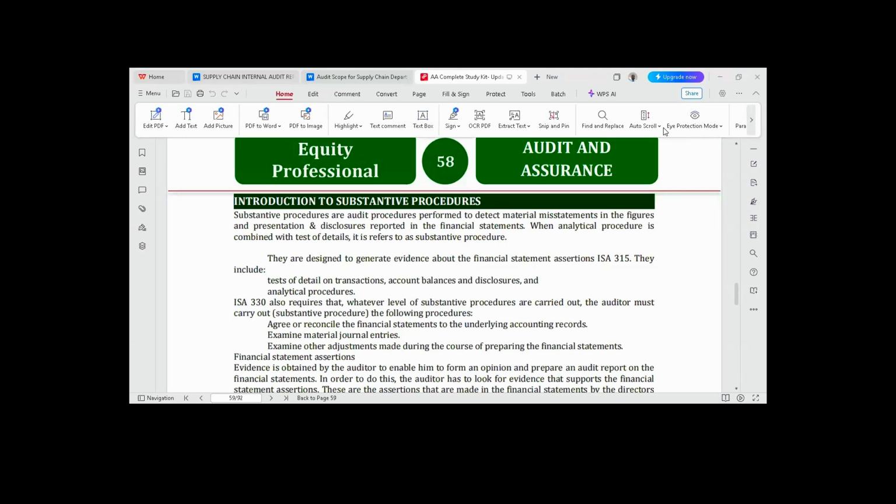In the test of control, you are going to deploy different methods. One of the methods you can use is to ask the client management. You sit them down and interview them, asking how their business processes operate.